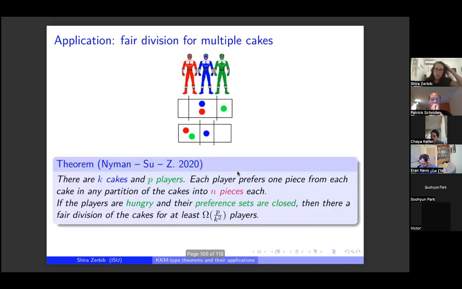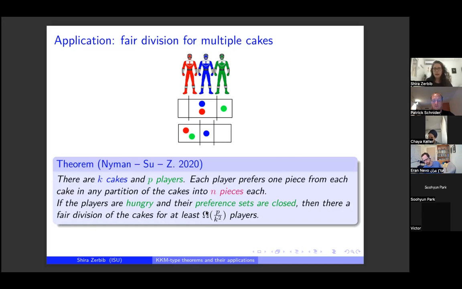And this is the theorem of Neyman, Su, and myself in 2020, that if we have k cakes and n players, and in every partition every player chooses his favorite k-tuple of pieces, and if the players again are hungry, so the k-tuple of pieces that they choose contain only non-empty pieces, and their preference sets are closed, then there exists a fair division of the cakes for at least n over k squared players.